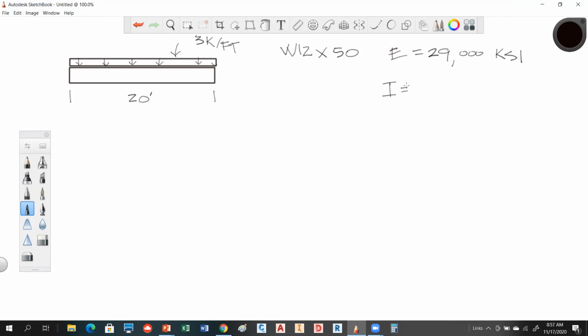Anybody find that? Good, it starts on 602. You're looking for the value about the XX axis. 391. 391, and that would be what unit?